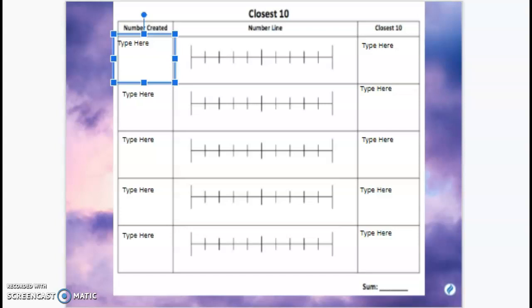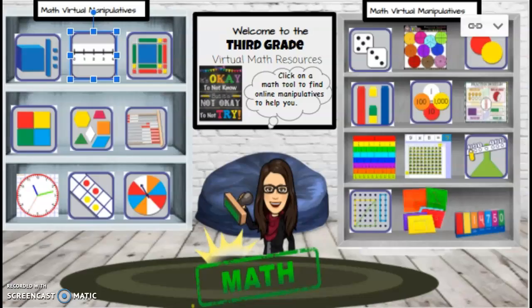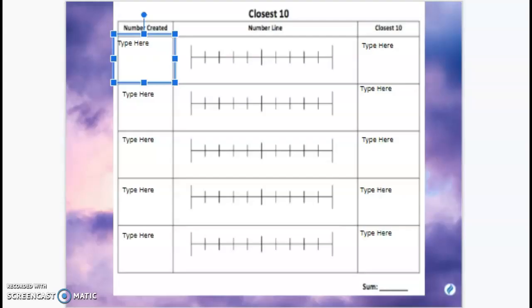So it will be available for you, or you can get onto our virtual manipulative slide. Miss Bates is having trouble talking this morning, and you can choose a number line here. So you can do it either way, but the number line online would work really, really well for you.